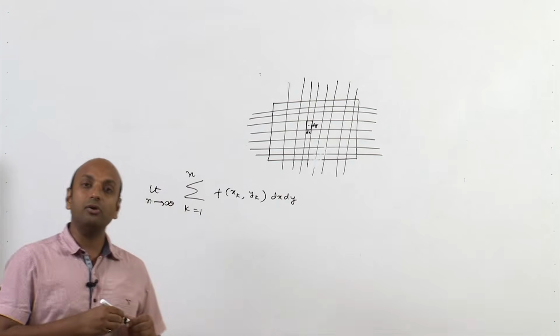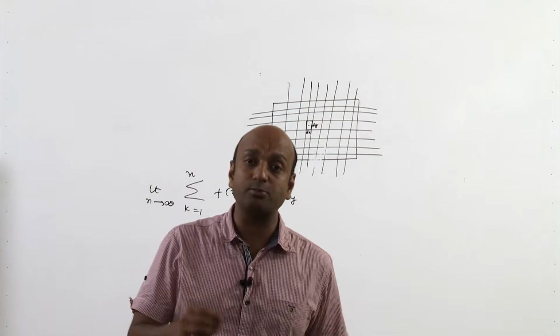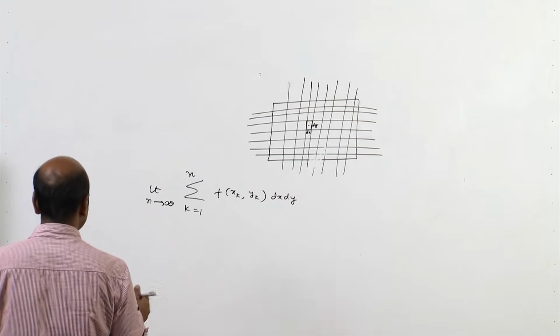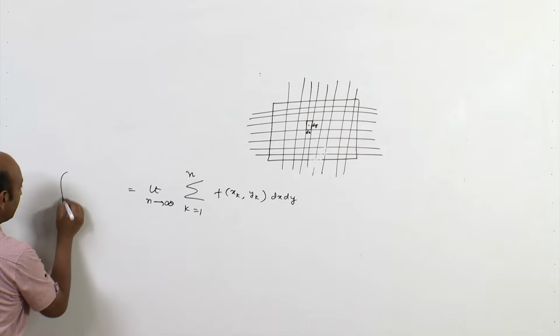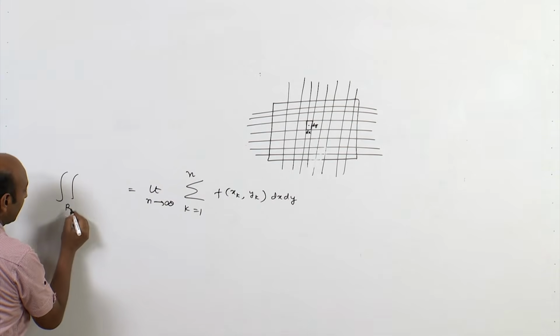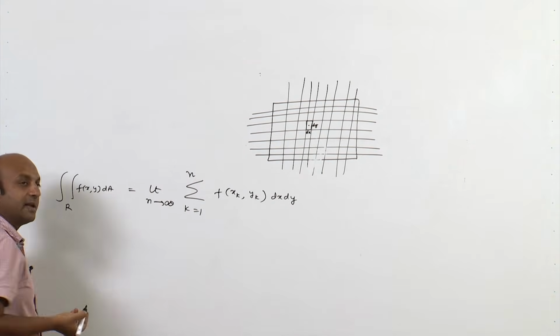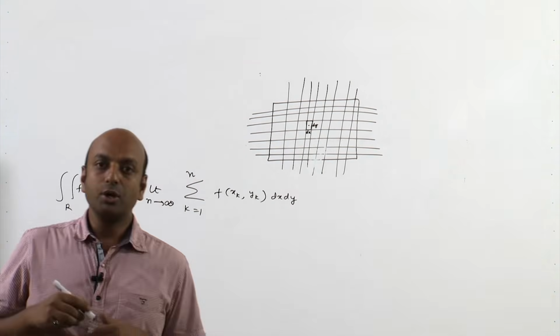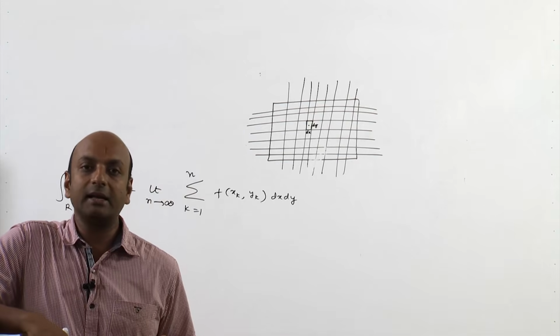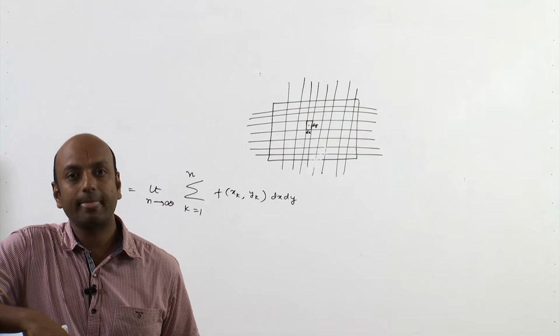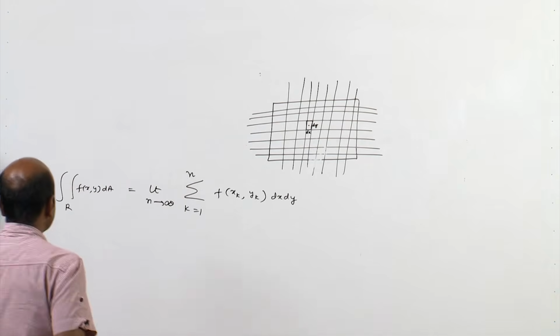Then take the limit as n tends to infinity. That means you are taking the strips smaller and smaller. So this will converge to the double integral over rectangle R of f(x,y) dA. dA may be dx dy or dy dx. So what does it give basically?